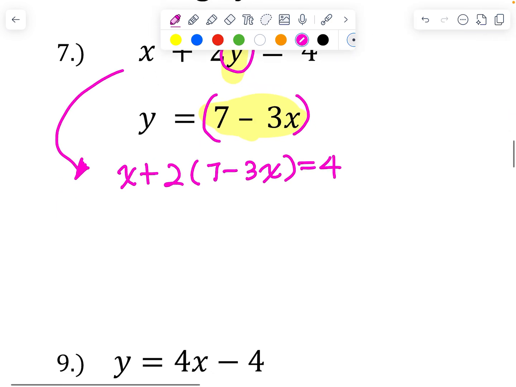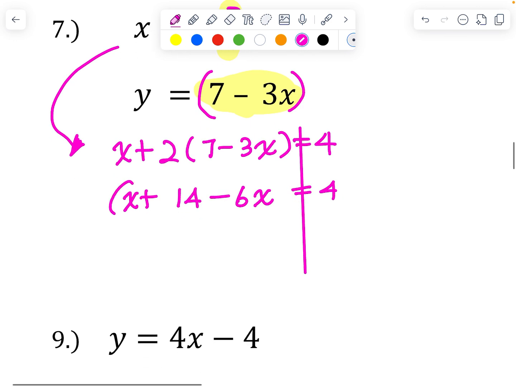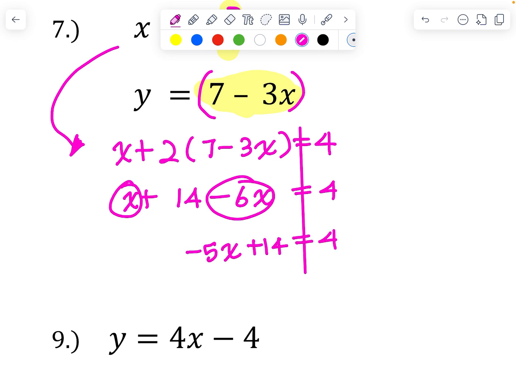Let me draw the wall. So x plus 14 minus 6x equals 4. x plus negative 6x is negative 5x plus 14 equals 4.